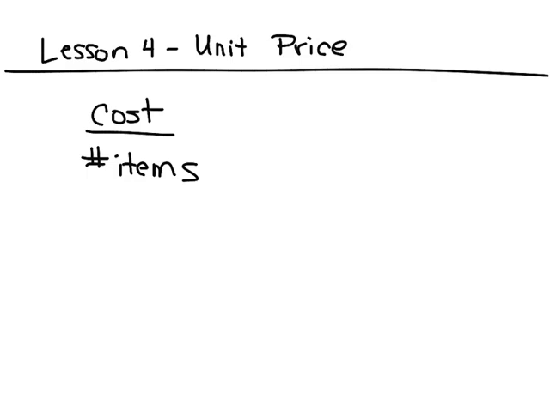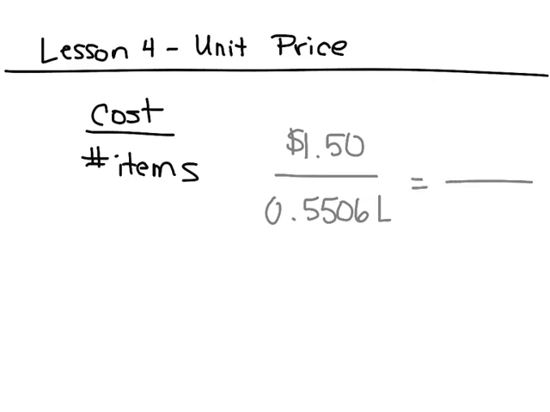To pick a pint basket, which is 0.5506 liters of raspberry, it will cost $1.50. How much would it cost to pick a 4-liter pail? So we know the cost is $1.50 per 0.5506 liters. We want to first find the cost per 1 liter to find the unit price.